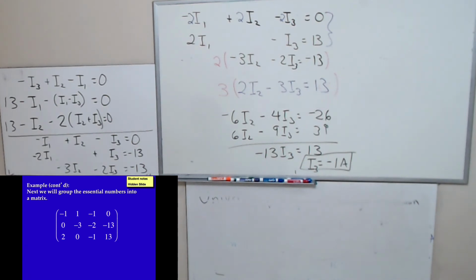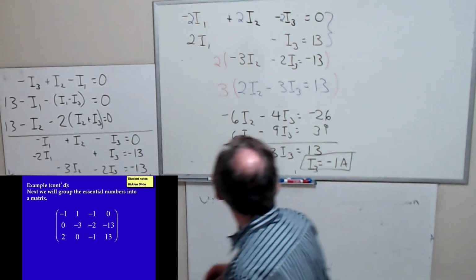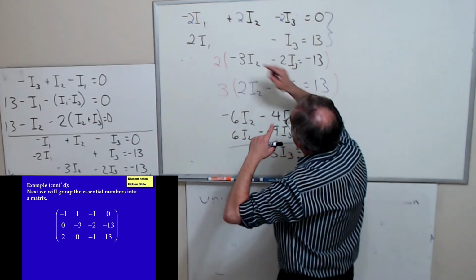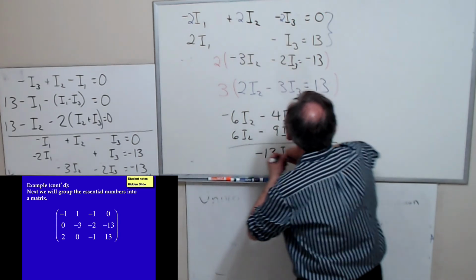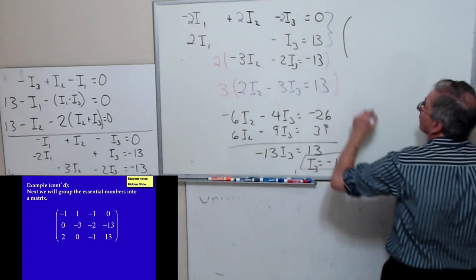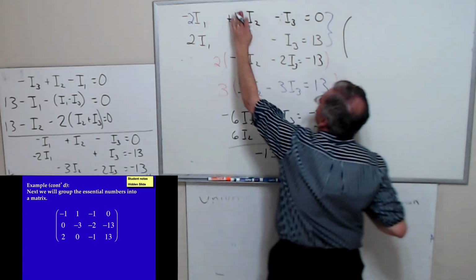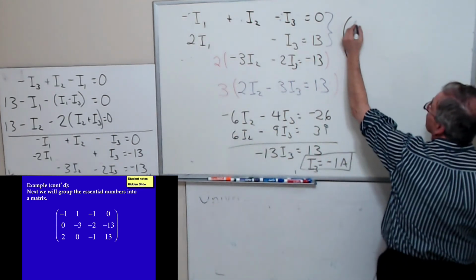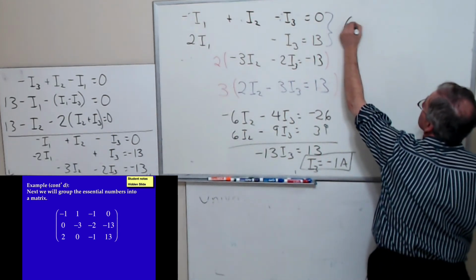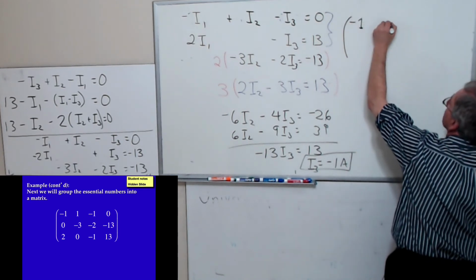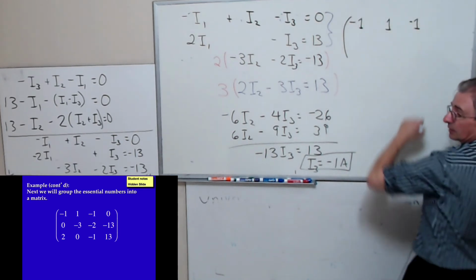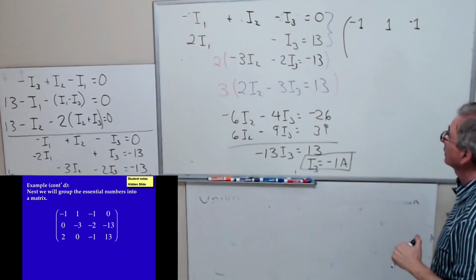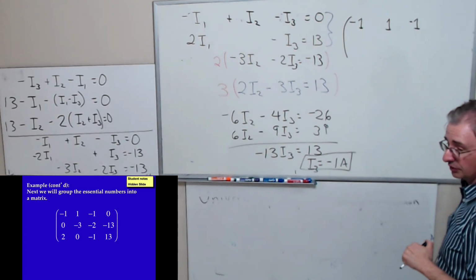So what I have here, if you think about what I did, I can arrange these numbers in terms of a matrix. I can make this -1. All I've got to do is use the coefficients.